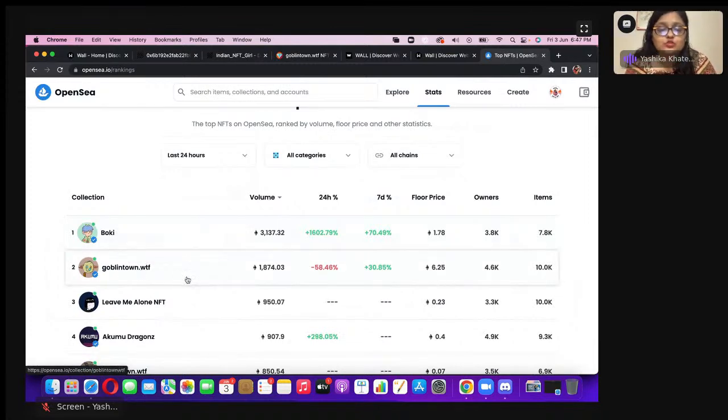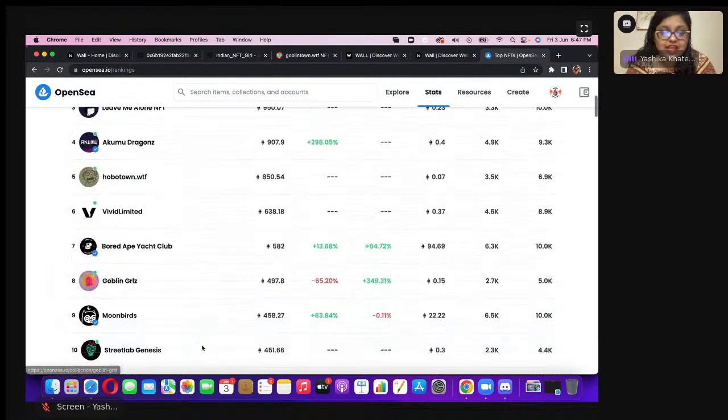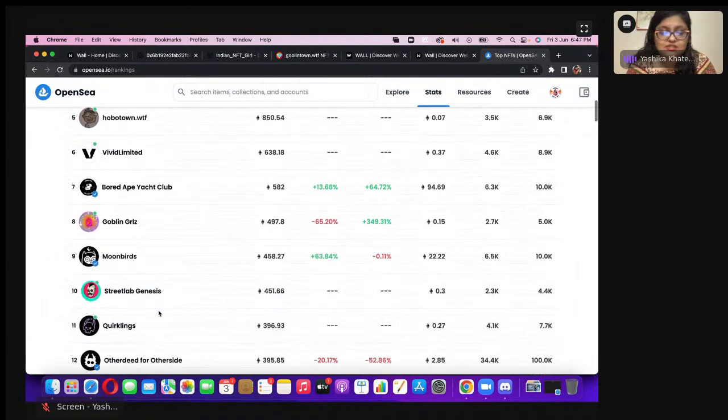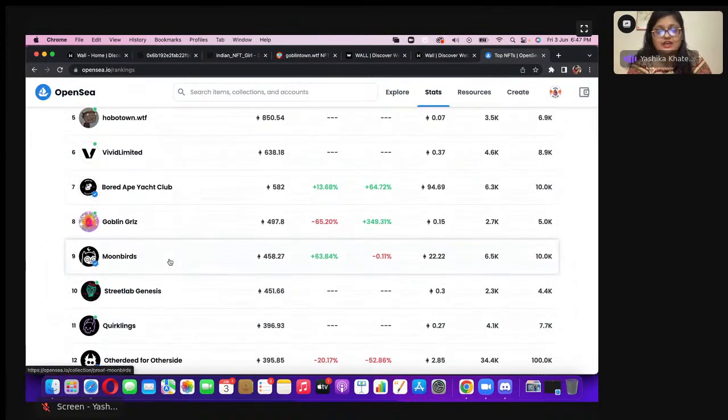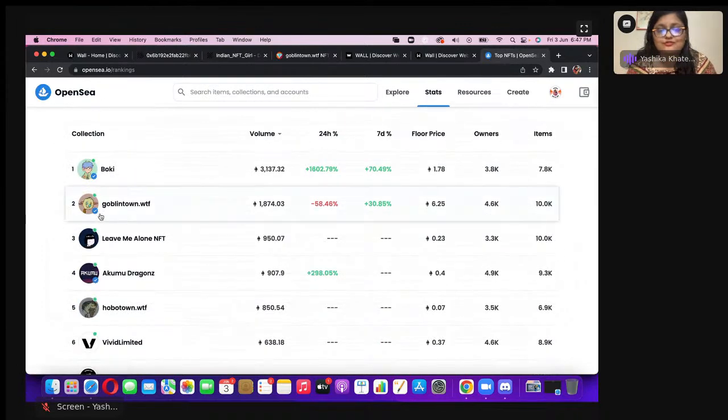So Goblin Town, you would see, had actually passed Bored Ape Yacht Club and Moonbirds. These are some of the amazing NFTs that exist in the market today, the top NFTs, and Goblin Town has sort of flipped all of them to come to second position.